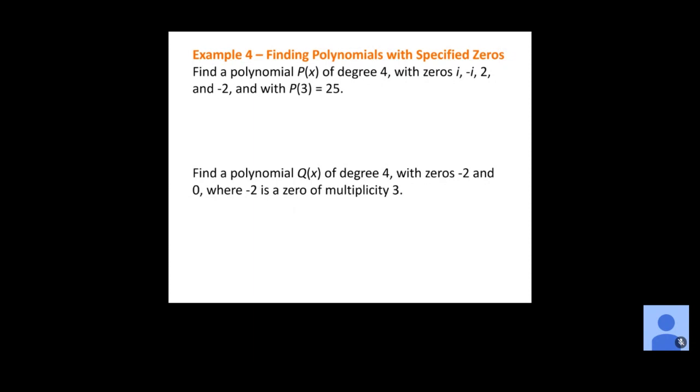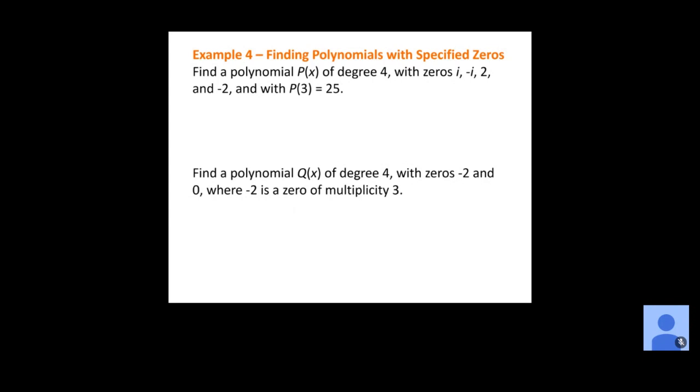So let's just start with the i here. If i is a zero, what does that tell us about this polynomial? All right, well, we know i is complex. It's an imaginary value.